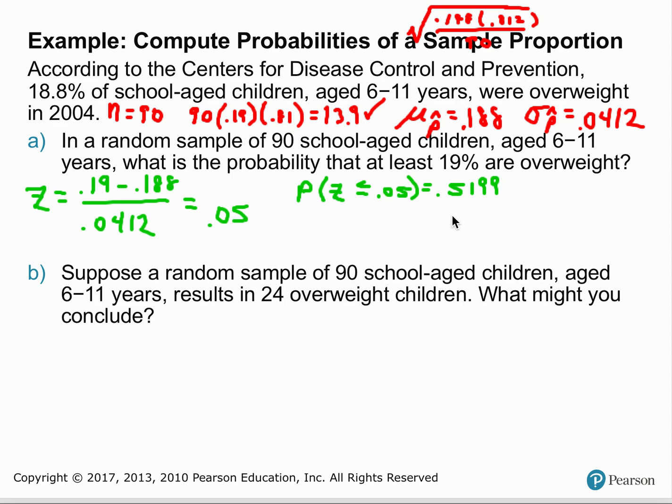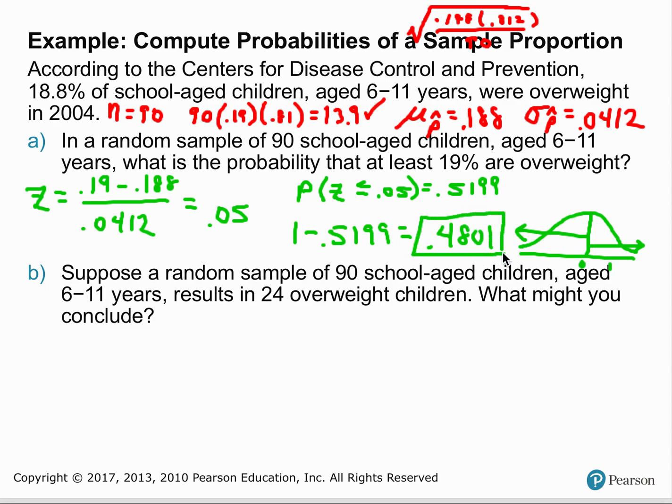Okay, but remember what our chart tells us. It always tells us, so 0.05, this is 0, this is 1, so it's giving us this number. We want at least, so we want this number, more than this, so we've got to do 1 minus 0.5199. Okay, 0.4801.